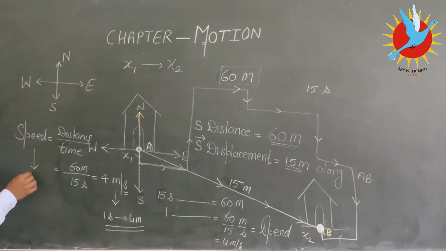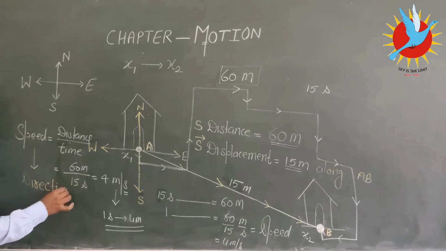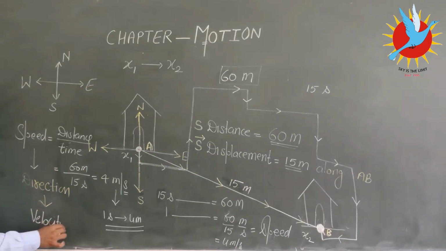But if speed gets a direction, then what happens? Then it becomes velocity.